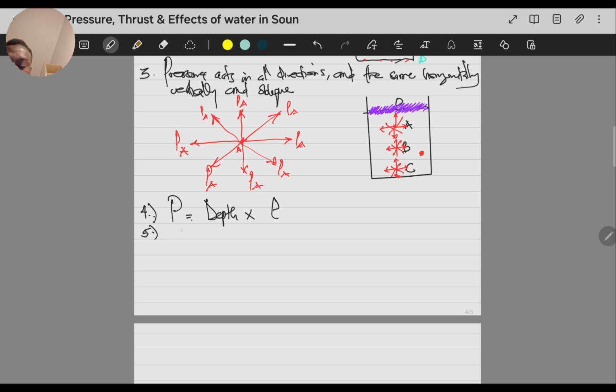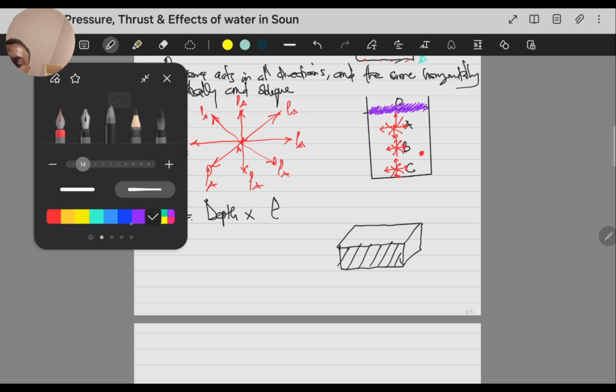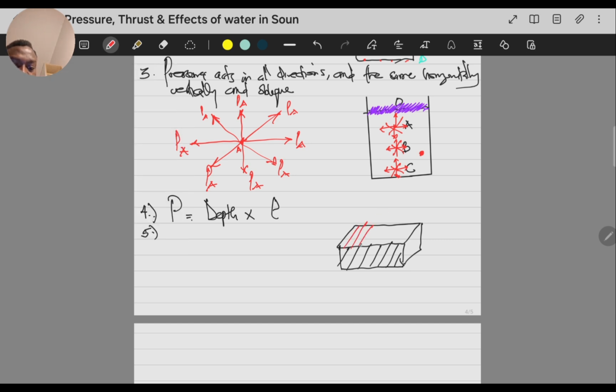there could be two scenarios where you'll be asked to calculate. So let's say we have a 3D tank, or let's say it's a ship. If this is a ship, we say this is the bulkhead, and if it's a tank, we say this is the tank top.